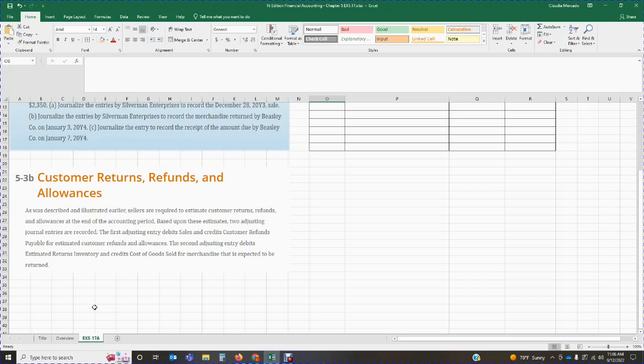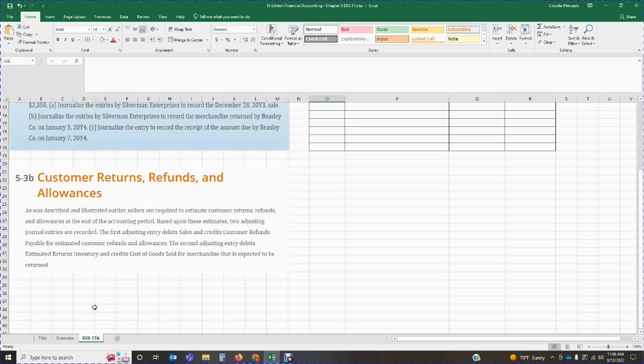So at the end of every accounting period, we have to estimate how much is going to get returned, how many refunds we are going to have to issue, and how many allowances are going to be made during the period. These are estimates based on history, trends, and so on.